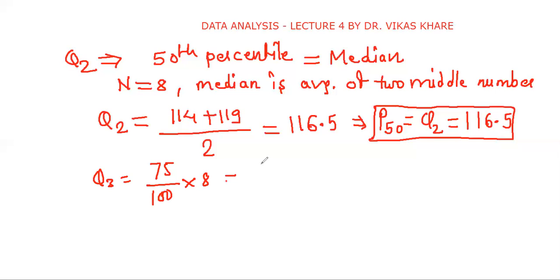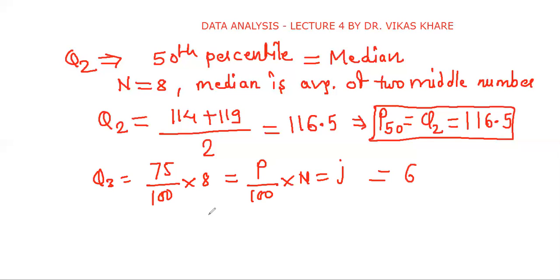According to the formula P upon 100 into N, which is equal to J, 75 into 8 divided by 100 is equal to 6. Again, 6 is a whole number.